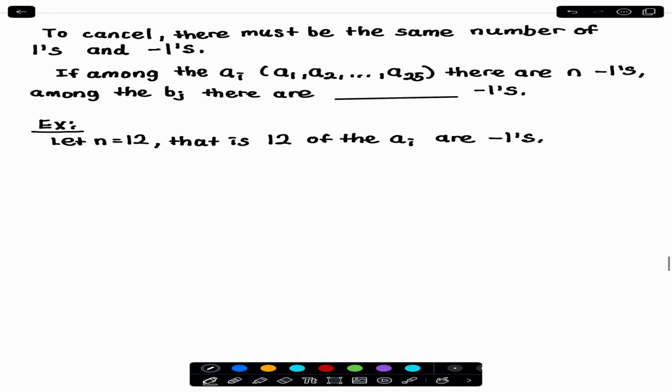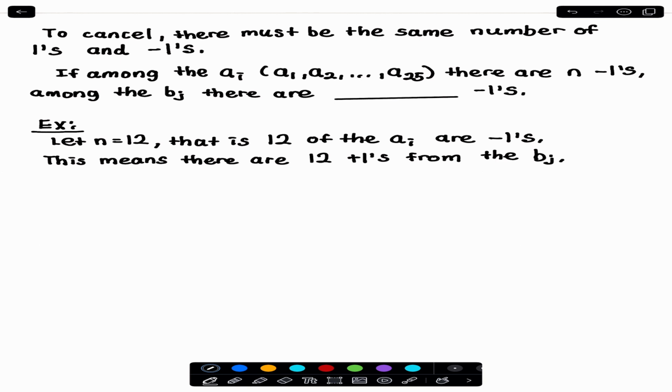Well, if 12 of the Ai are negative ones, then this means that there are 12 positive ones from the Bj.